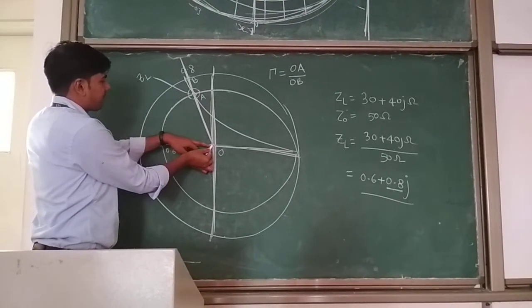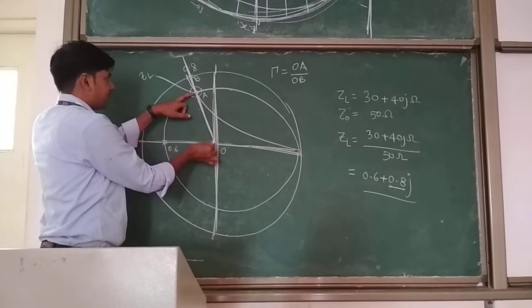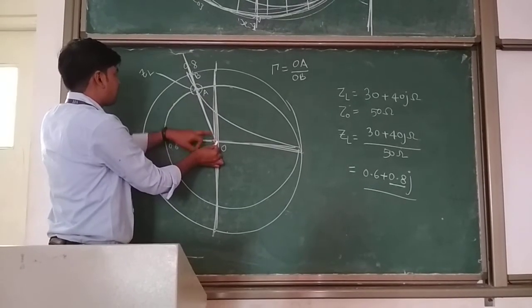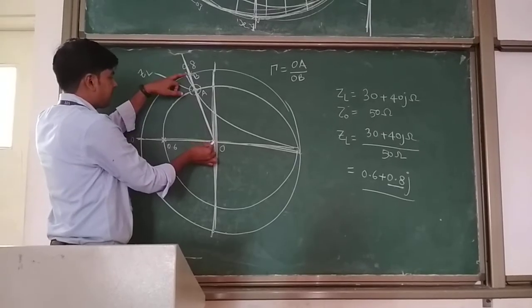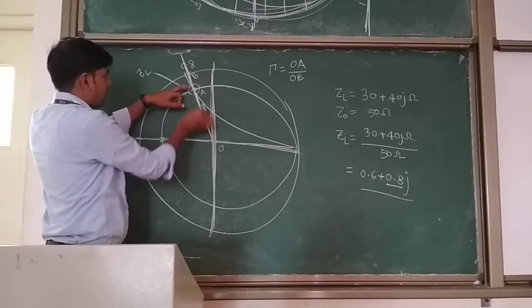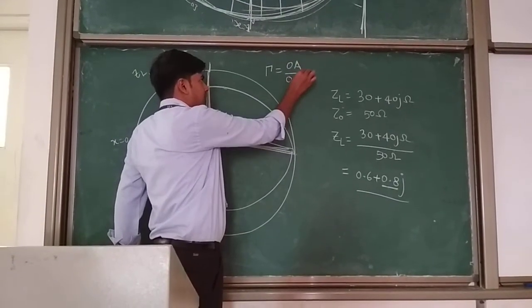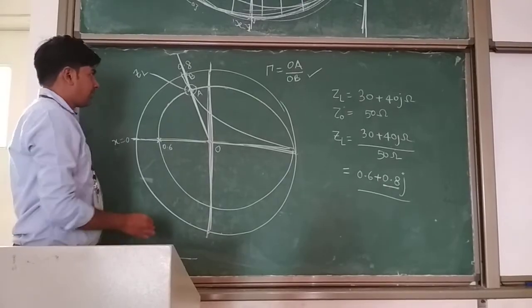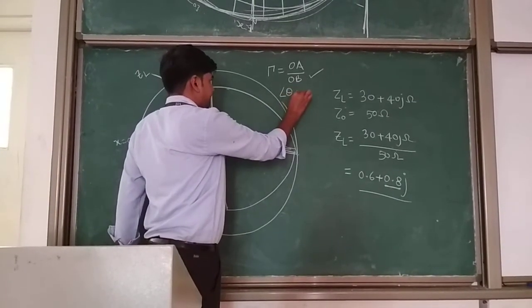Measure the distance from the center of the Smith chart to the load point, and then measure the distance from the center to the outer circle where r equals 0. So this is OB and then OA, and take the ratio of OA and OB, you will get the reflection coefficient.